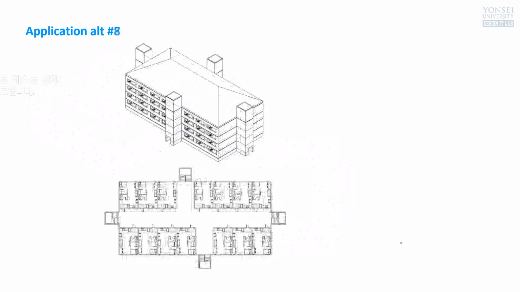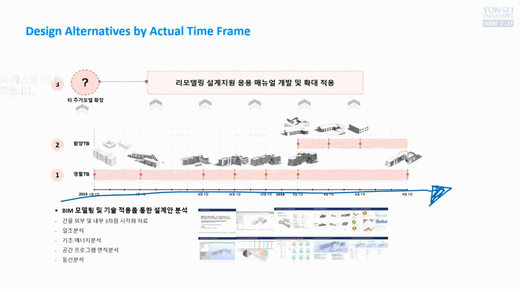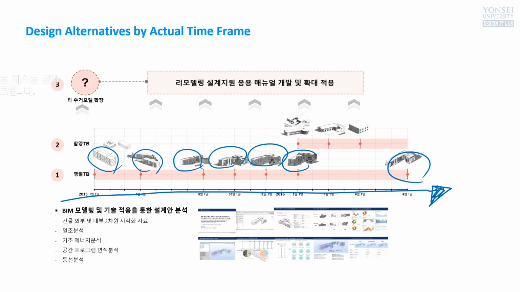That's my point. This is one of the BIM applications, we can say. As you see, based upon this time frame, we had first design number 1, 2, 3, 4, 5, 6, 7, and other places 1, 2, 3. So how many design alternatives? Whenever we got a new design, we implemented this design project using BIM, specifically using Revit.